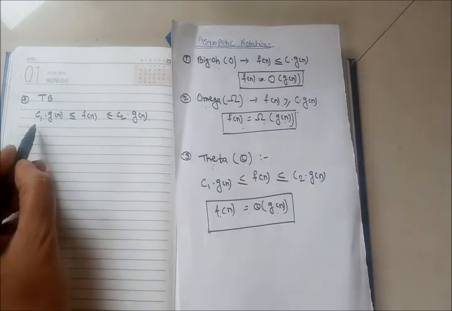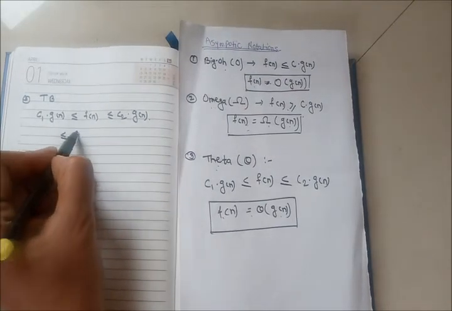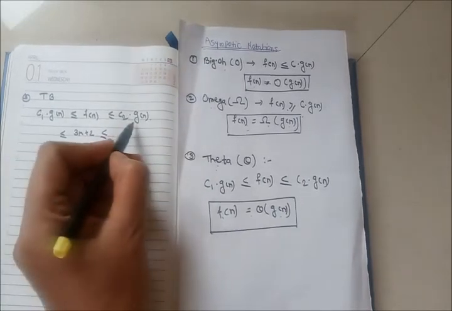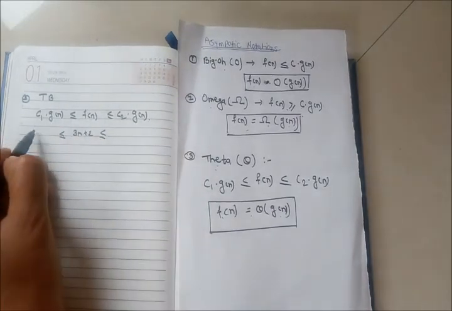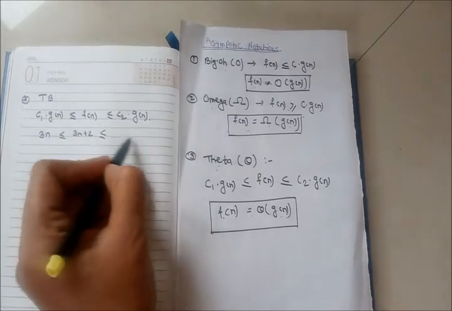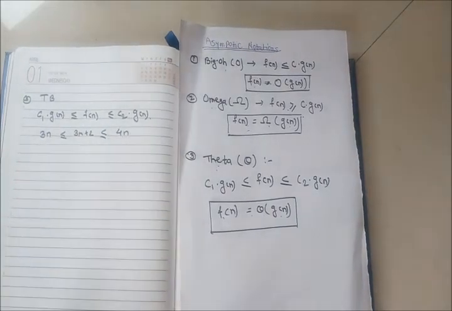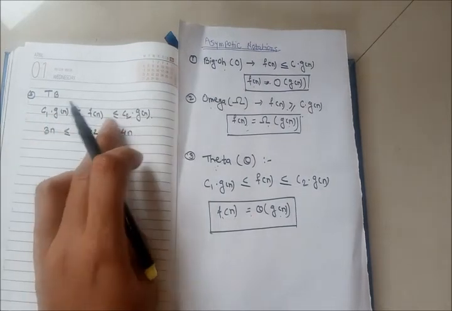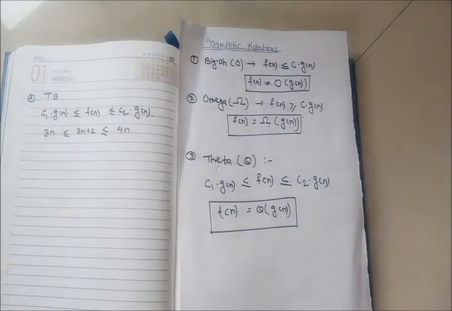The value of f of n is 3n plus 2. The lower bound value is 3n, and the upper bound value is 4n. First is the lower bound, then the upper bound.